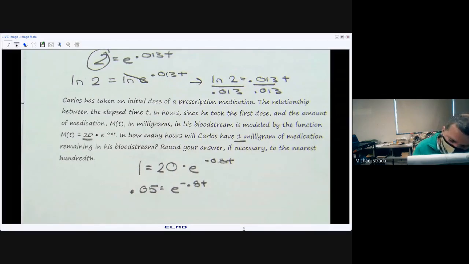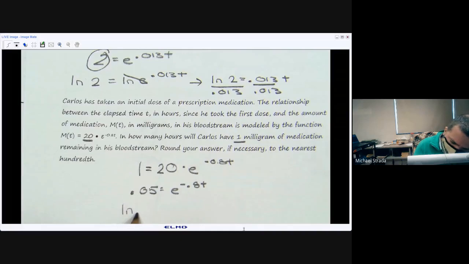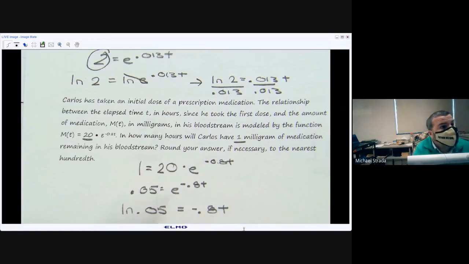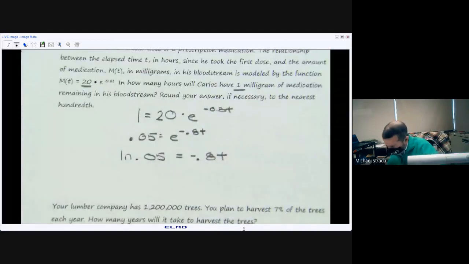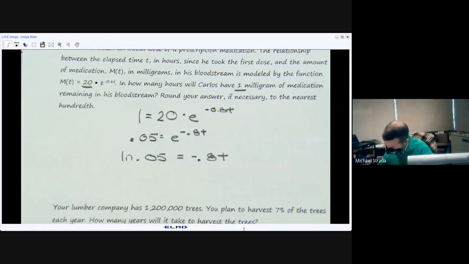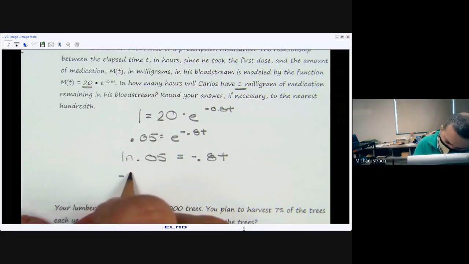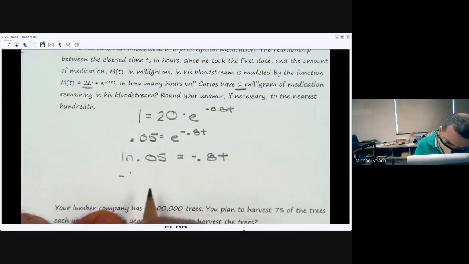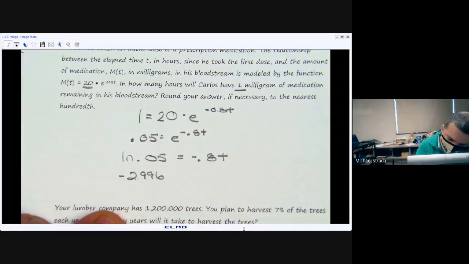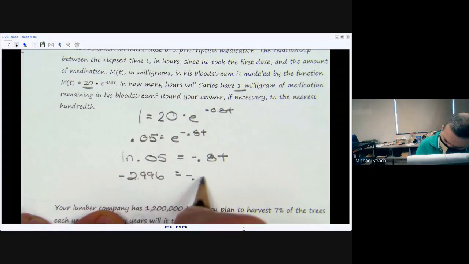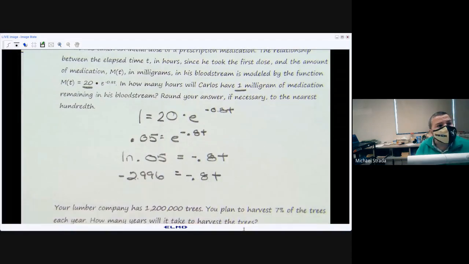We will do the natural log of both sides. That will get rid of the e, and our equation will just be negative 0.8t. All right, I'm then going to do the natural log of 0.05. For those that want to do it separately, that comes out to about negative 2.996 when we go to the nearest thousandths, equals negative 0.8t, which is good because we want them both to be negatives.